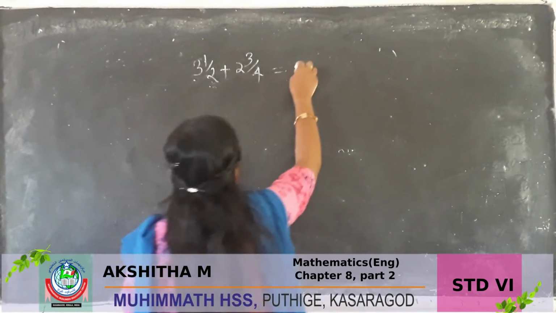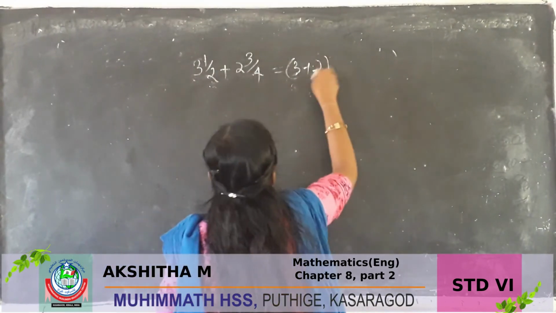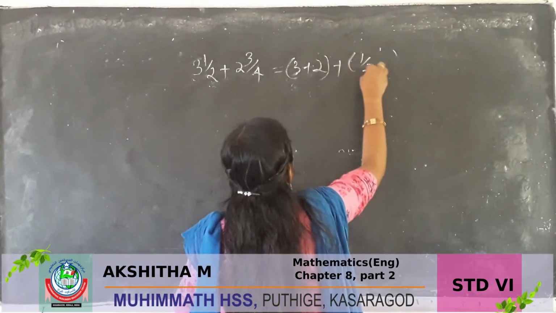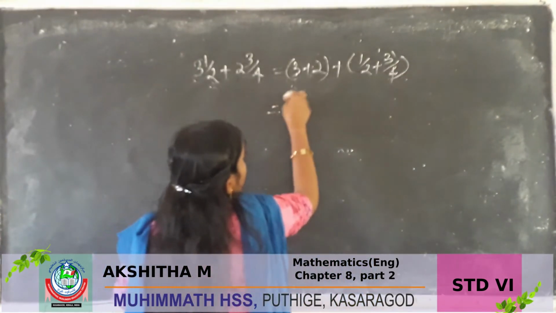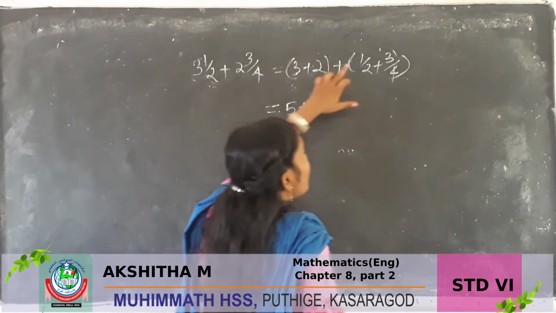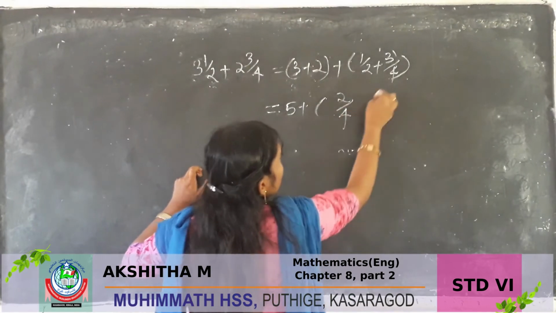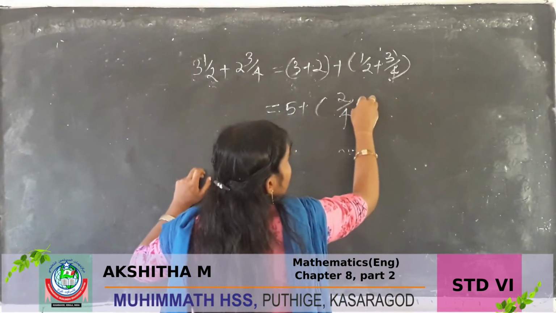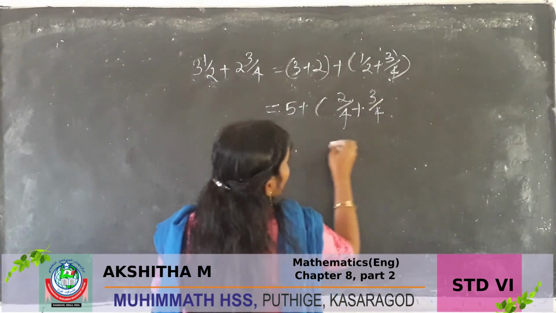Otherwise we can write like this: 3 plus 2 plus half plus 3 by 4. Next step, 3 plus 2 is 5. 5 plus 1 by 2, we can write 2 by 4. So we got here same denominator, plus 3 by 4.